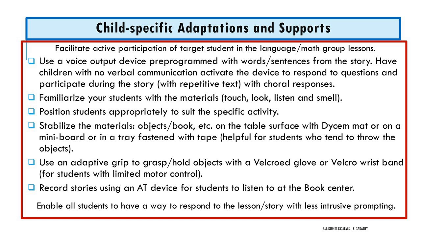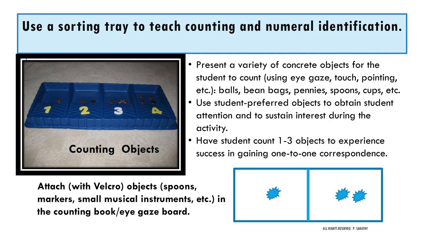It is important for all of the students to have a way to respond and participate during group instruction. It just requires some personalized adaptations. So these are some examples, like this one for math. You are using a sorting tray, and you are teaching counting.